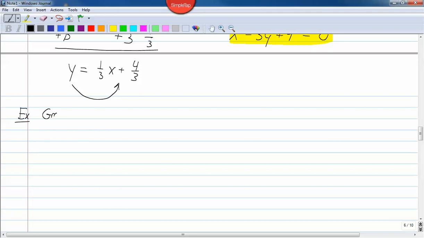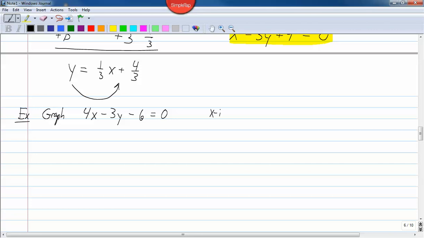But if you want to graph an equation in general form, it can be kind of handy, because the way that you graph an equation in general form is by using the x and the y-intercepts. And usually you can find the x and the y-intercepts pretty fast. Let me show you how.